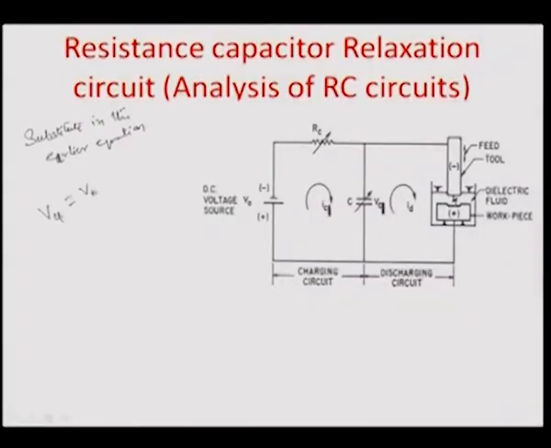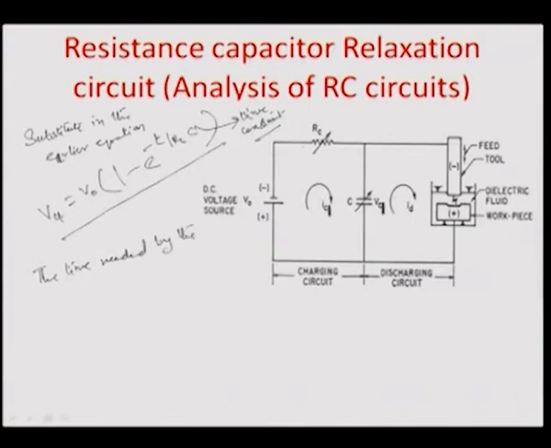So, that is how the RC circuit derivation typically goes. So, you have Vc(t) equal to V0 times (1 minus e to the power of minus t by RC). This RC is called the time constant of the RC circuit, and we also know that the time needed by the condenser to attain about 63% of the charging voltage is equal to RC.